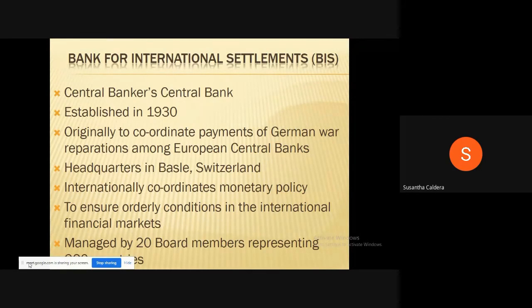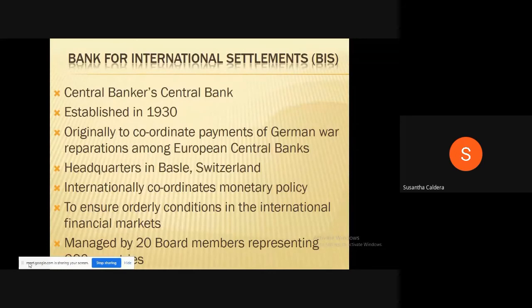The central bank is our commercial bank's bank. Now, for all the central bankers in the world, their bank is the Bank for International Settlements. This was established in 1930, right?